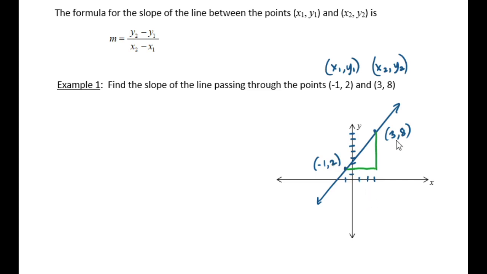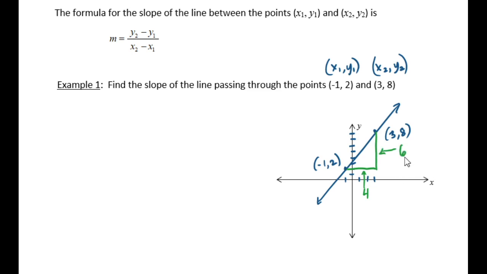Since these are all whole numbers, we can actually just count to find these values. X is going from -1 to +3, so we have a change of 1, 2, 3, 4 units. The y-coordinates are going from +2 to +8, so we have a change of 1, 2, 3, 4, 5, 6 units.